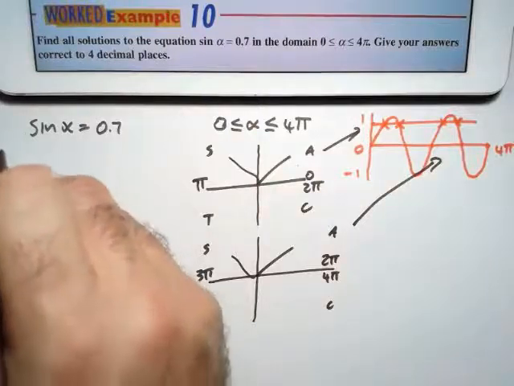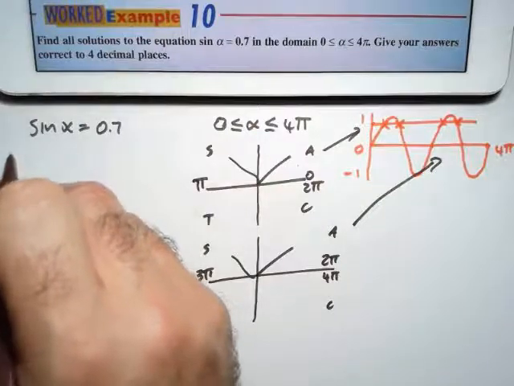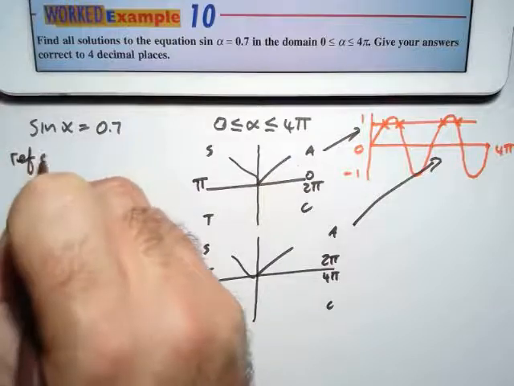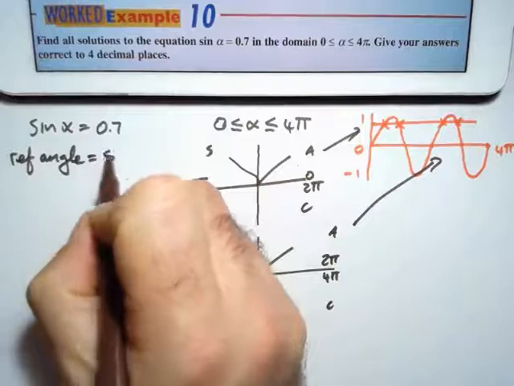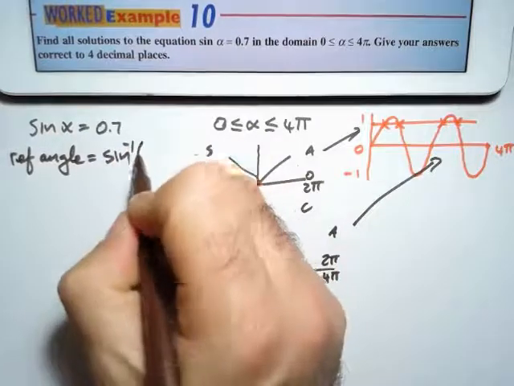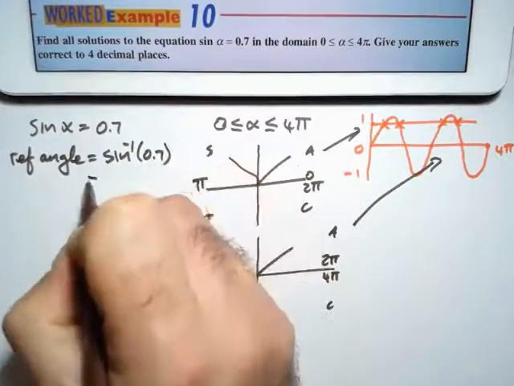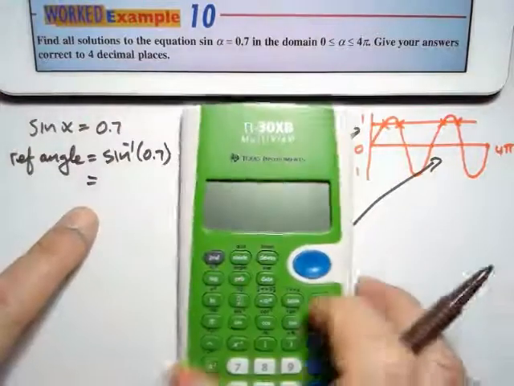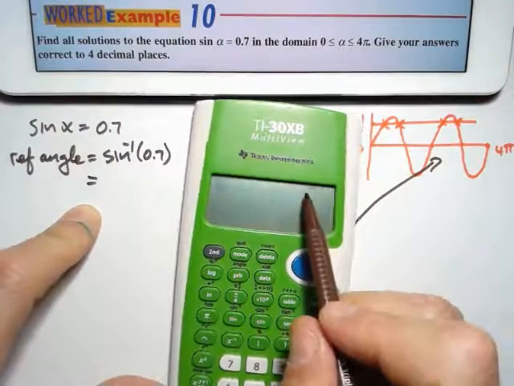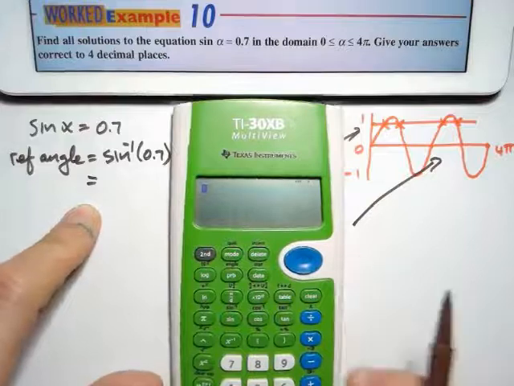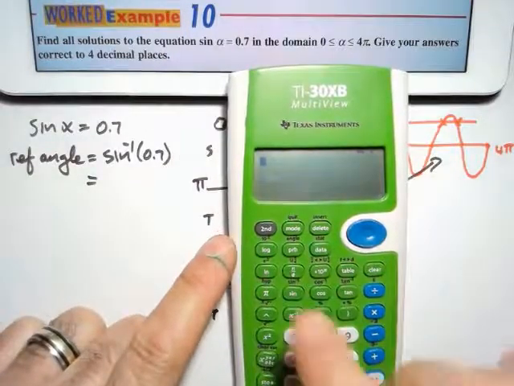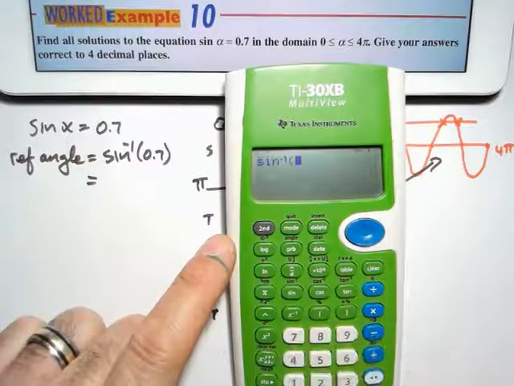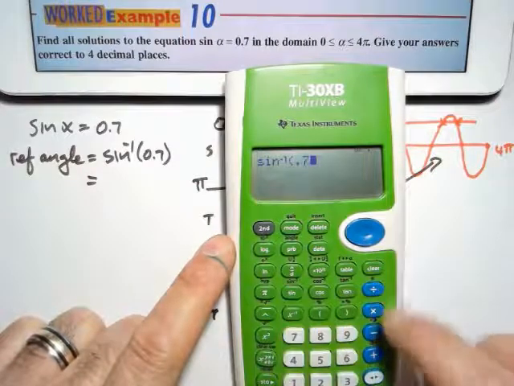The first thing that I need is the reference angle. So I'm going to say the reference angle equals the inverse sine, or arc sine, of 0.7. I just make sure my calculator is in radians. It is, and all I have to do is take the arc sine of 0.7.